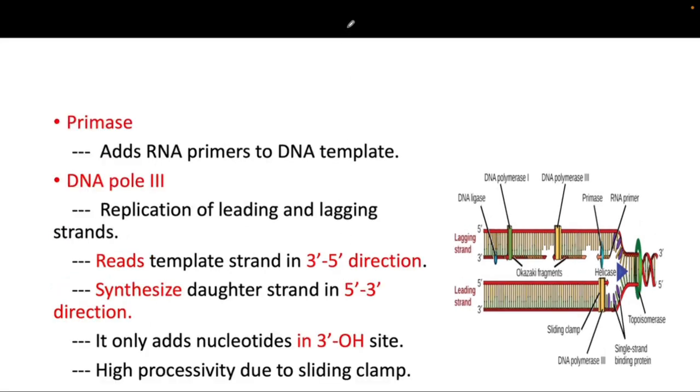Now, in order for the DNA replication to occur, there are various enzymes involved, and the main one is DNA polymerase. Okay, and this DNA polymerase cannot start synthesizing the new strand from the beginning. It needs some additional assistance from another enzyme such as primase. What primase does is that it adds the RNA primer to the DNA template.